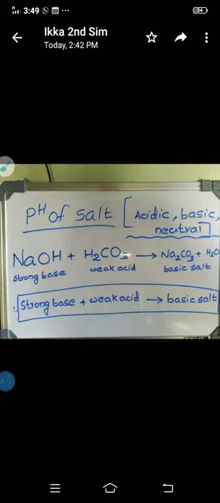When a strong base combines with weak acid, the salt formed will be basic. We already know that Na2CO3, sodium carbonate, is a base. So, when a strong base combines with weak acid, the product formed will be basic. So, strong base plus weak acid give basic salt.